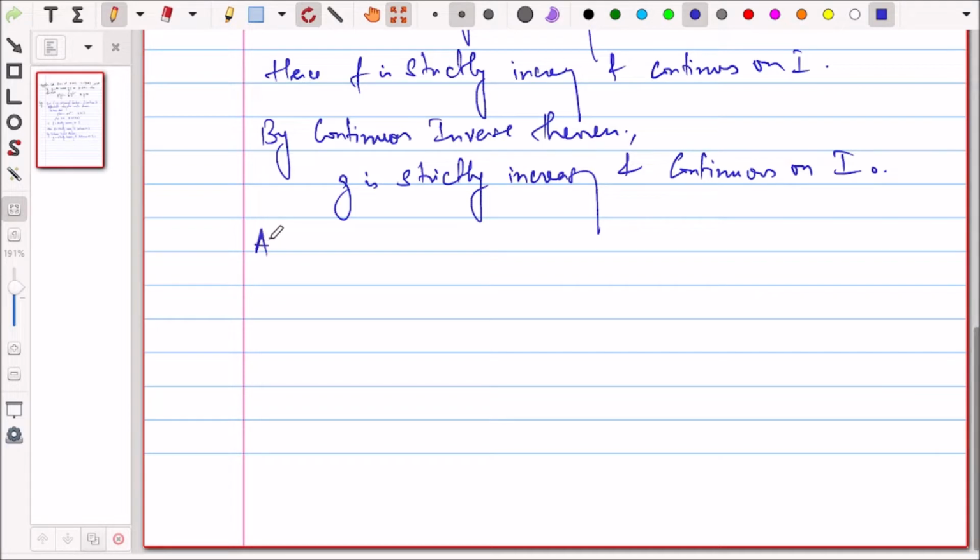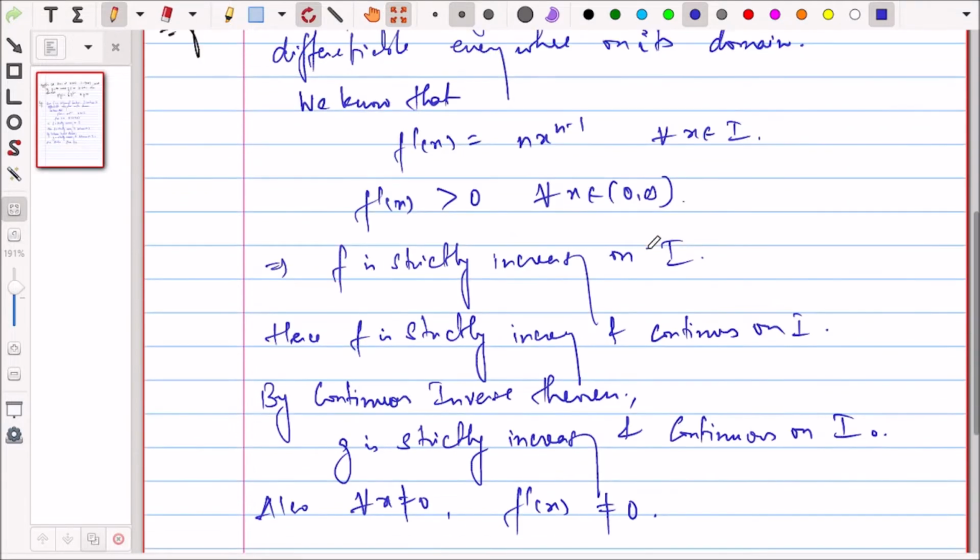Also, for all x not equal to 0, f'(x) is not equal to 0. This is non-zero for every x.